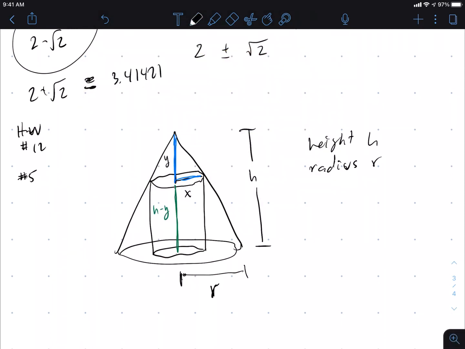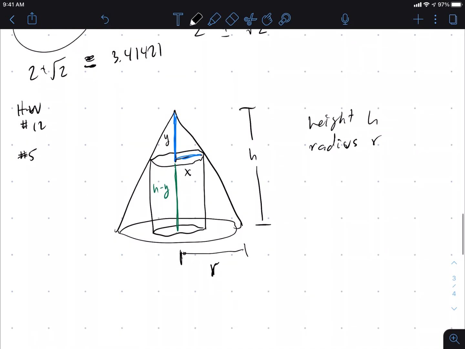Are we okay with that? Okay. So now what we want to do is we want to make some reference that's going to be beneficial to us in terms of this whole thing. So the ratio that we can do is we can think of it as some similar triangles, right? And so those similar triangles, we're going to say like this. This is x, this is y, this is h, this is r. Agreed?